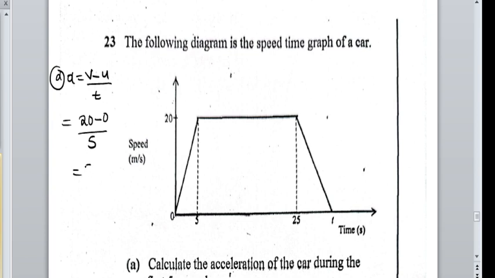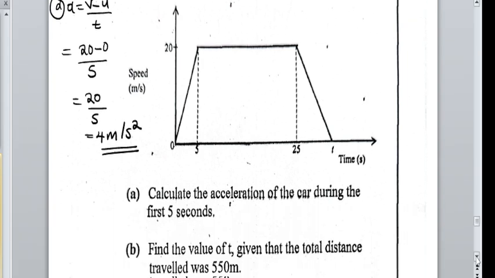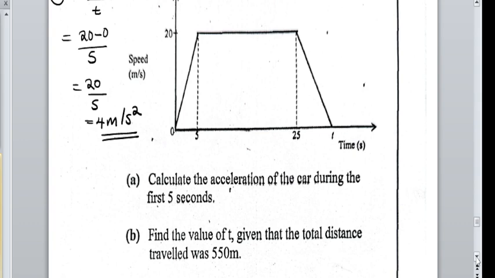So 20 over 5, we get 4 meters per second squared. So that is the answer for the first one. Check if there is another one. Yes, there is. Find the value of t.